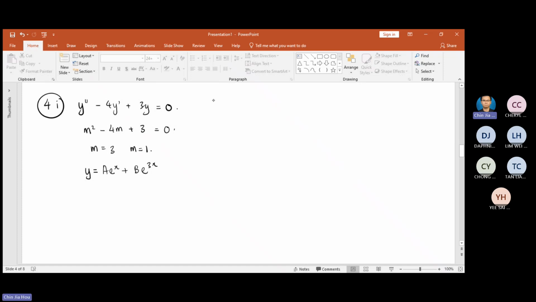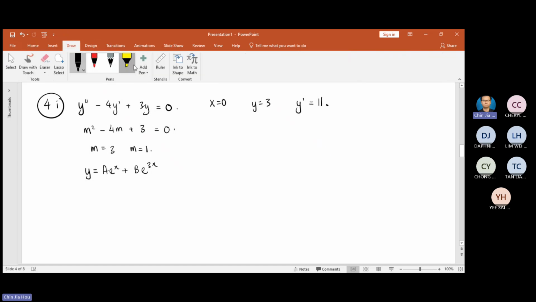You are given x equals 0, y equals 3, y prime equals 11. What you need to do now is form two equations. Why? Because here, you notice that you have two unknowns. Two unknowns, you need two equations. Where do we get those equations?